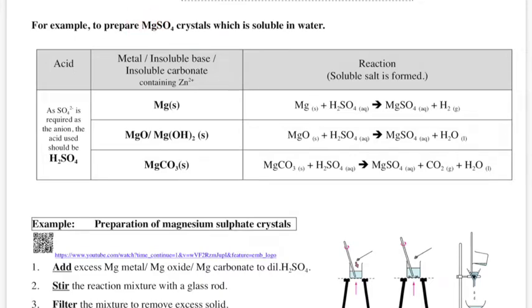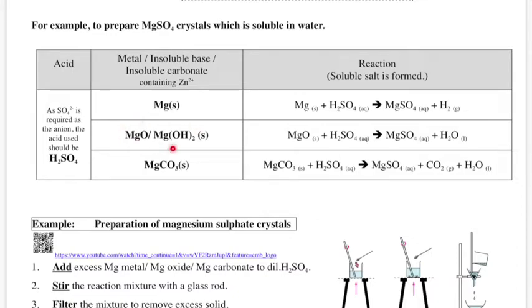Since magnesium is a quite reactive metal, we can simply drop the magnesium metal into the acid, and then we get magnesium sulfate as the product. The side product is a gas, so it just escapes and we will not be bothered with it.